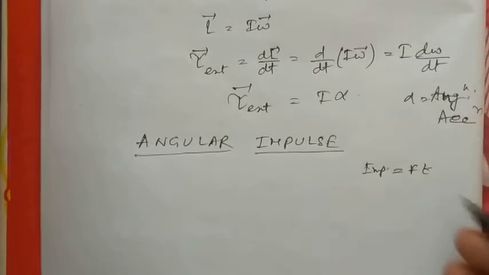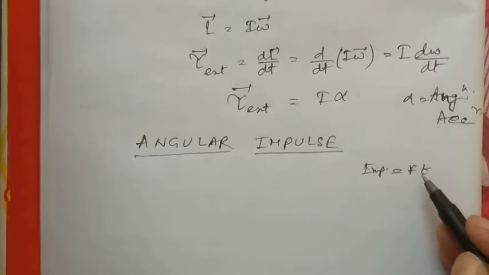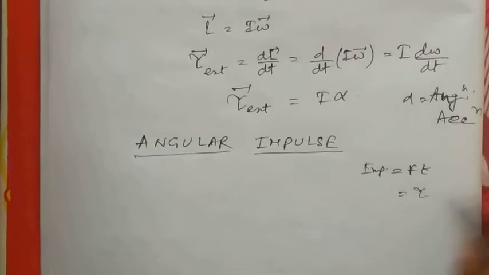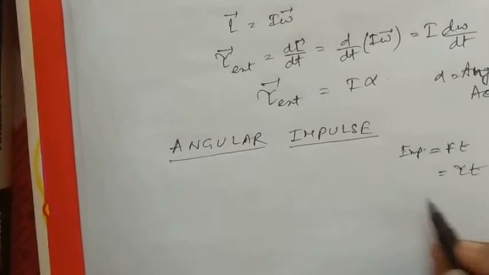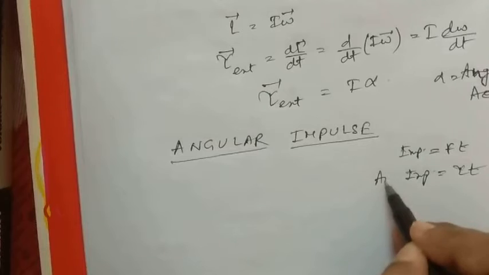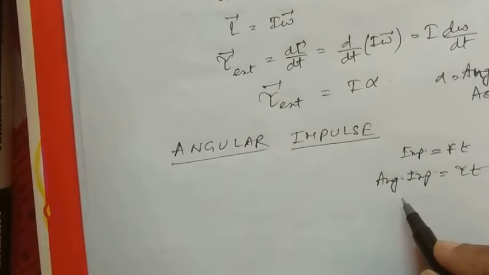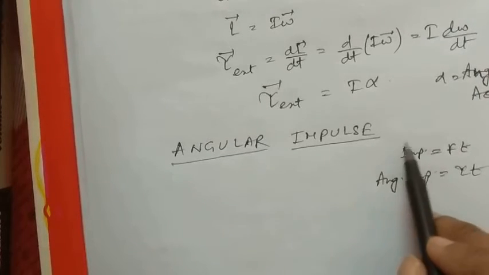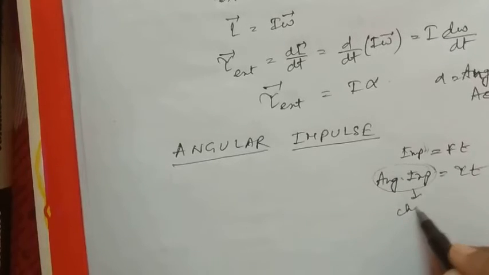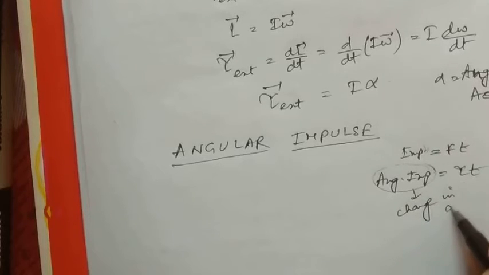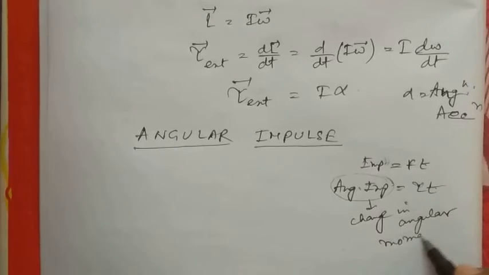Here, by the rotational analog, instead of F we write tau, and t remains as t. So tau into t becomes the angular impulse. We can write the statement in this fashion also: this was the change in linear momentum, so for this part we must write change in angular momentum.